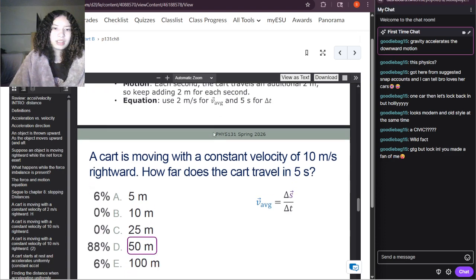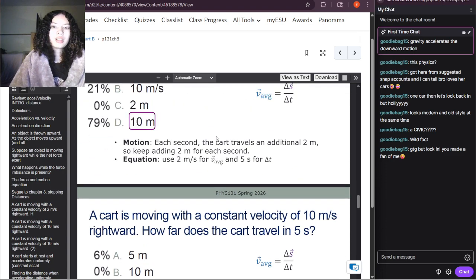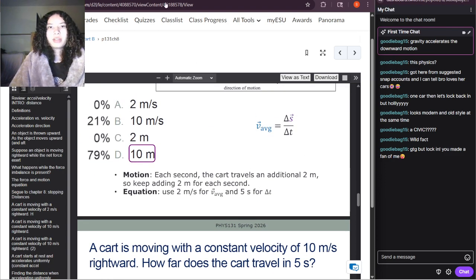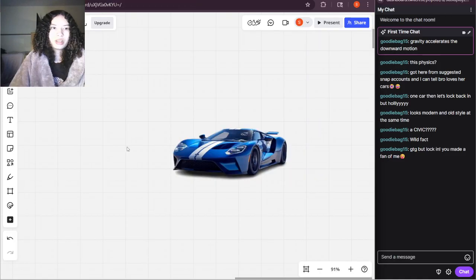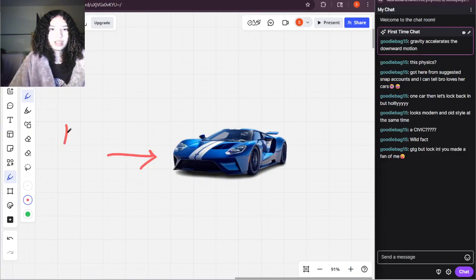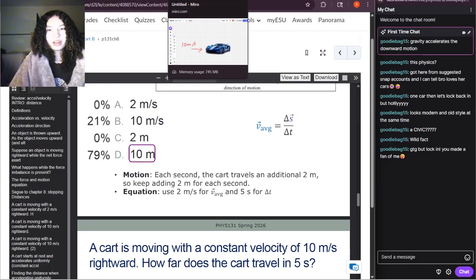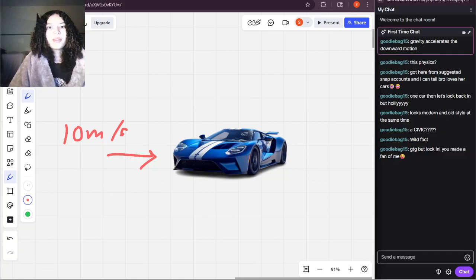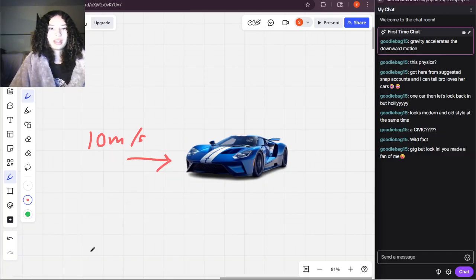Next problem. A car is moving with a constant velocity of 10 meters per second rightward. So my cart is moving 10 meters per second rightward. How far can my cart travel in 5 seconds?